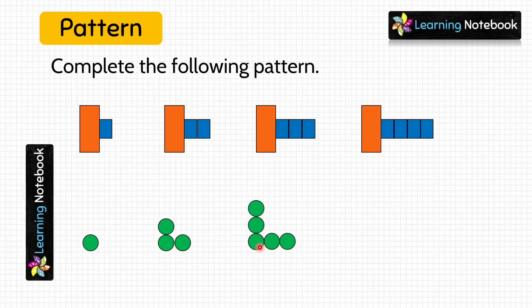So, in the next figure, in the fourth figure, we should have how many balls? Yes, 7 balls. And that too in shape of alphabet L, as you can see here. So now students, I am sure you have understood how the pattern is created by using shapes also.